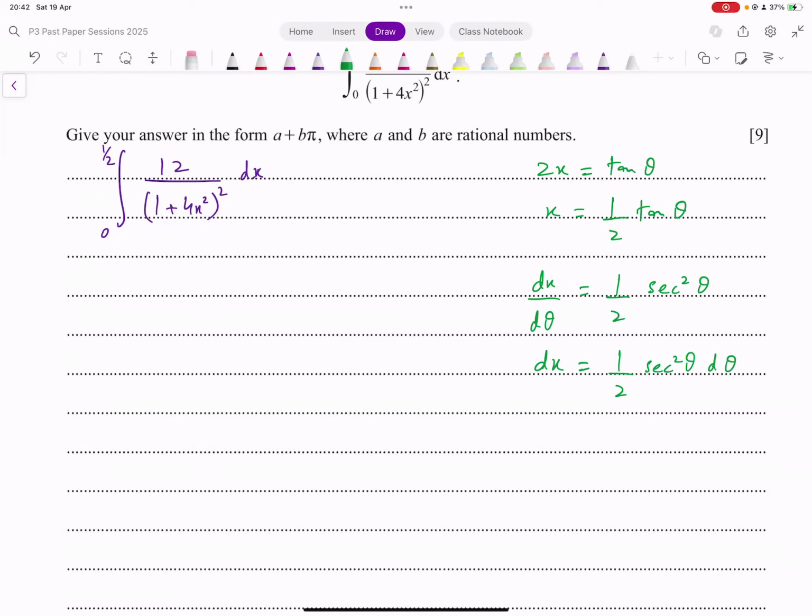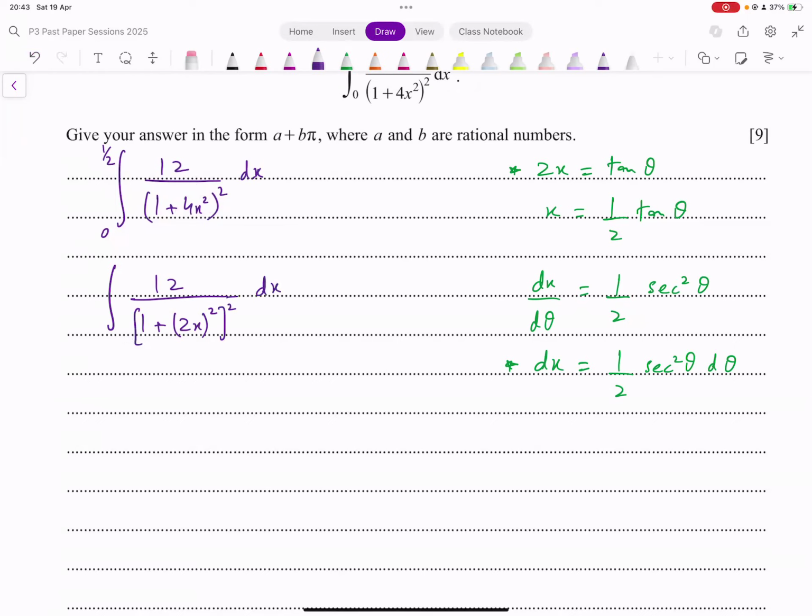And now we have to input these two substitutions, this and this. Okay, now how do we do that? Let's input values here. First of all, I can write 4x squared as 2x whole squared. So 1 plus 2x whole squared, right? 4x squared can be written like this, and then there's a whole square on top of that as well.